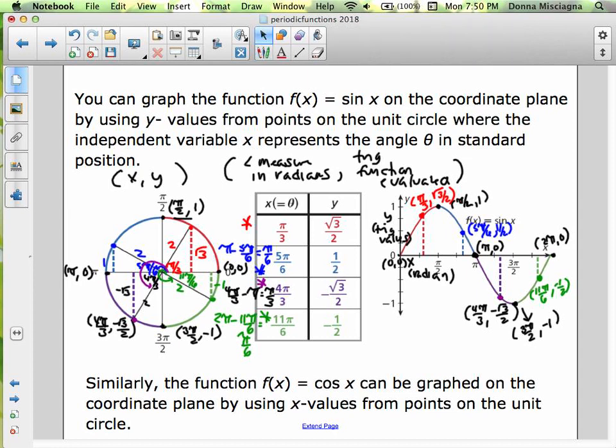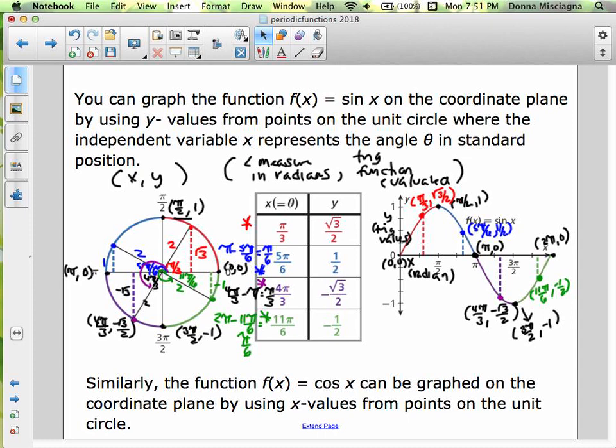All right, so here's some points. Now you can see that some points are easier to graph than others. Maybe square root of 3/2, maybe that's not so easy. We could get a decimal equivalent, but maybe that's not as easy as, say, pi halves 1, or pi 0, or 2 pi 0. So some points are a lot easier to graph than others, and we are going to take that into consideration and use those points that are easy to graph when we're trying to graph our sine and cosine functions.